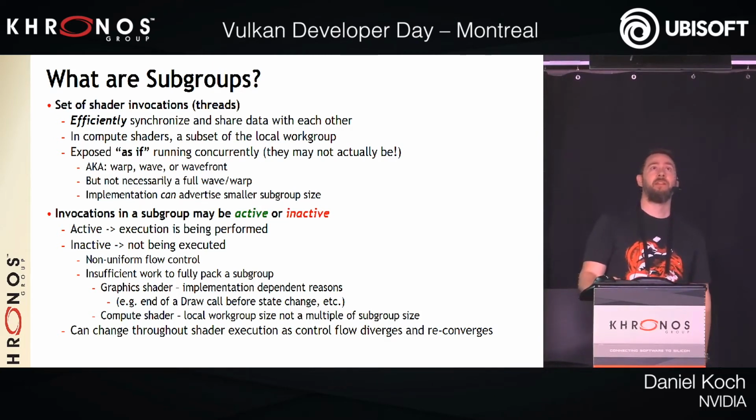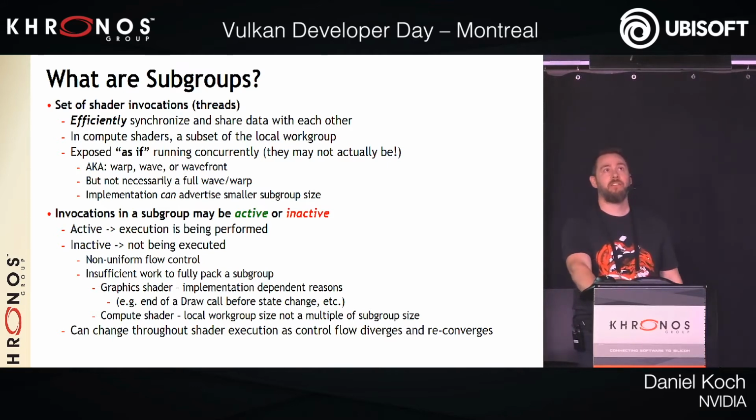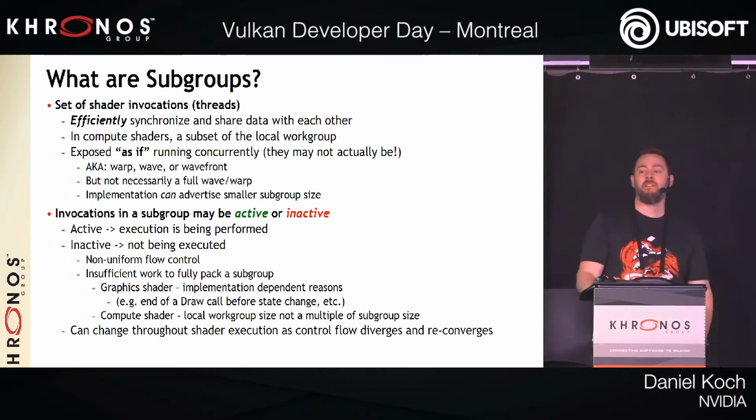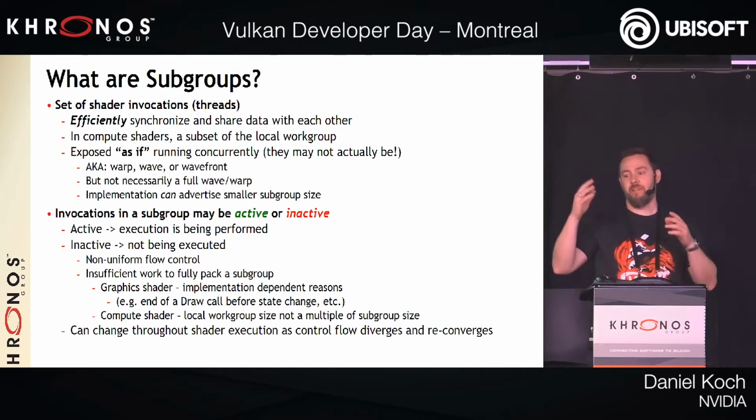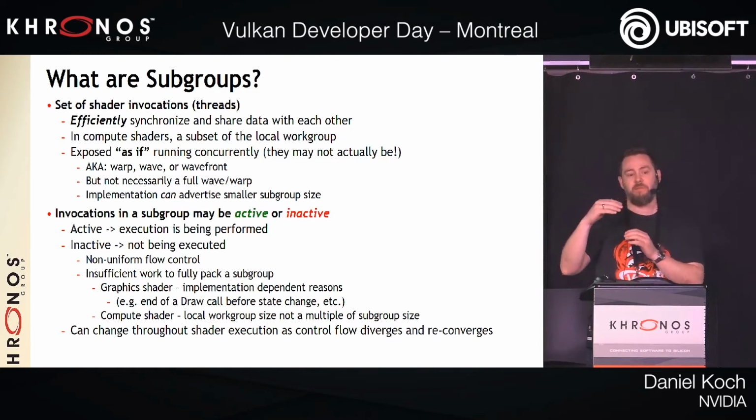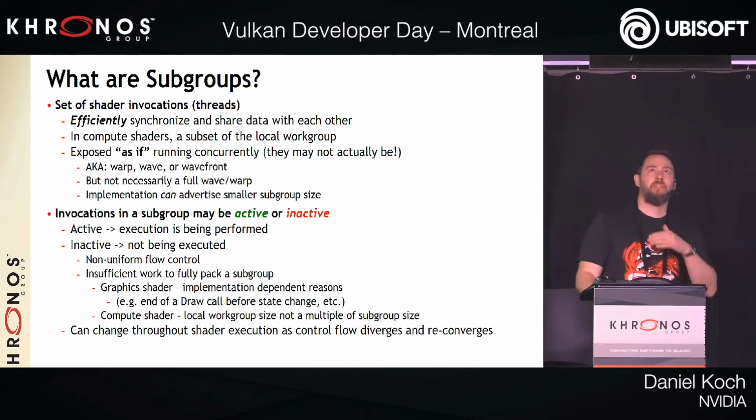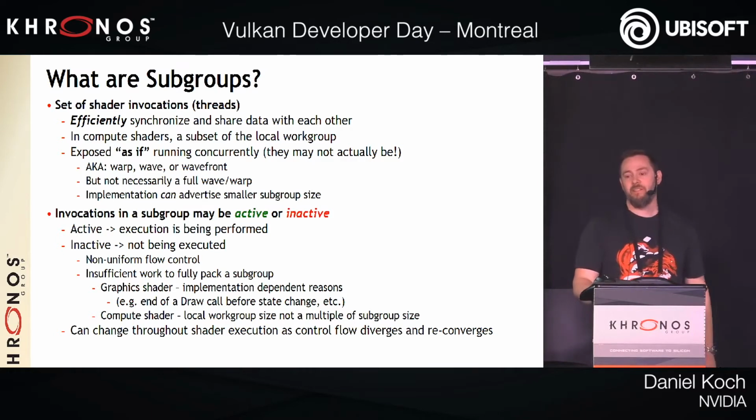Other reasons, in a graphics shader, there are various reasons, such as a draw call followed by a state change. Your vertex shaders could run in parallel if they were using the same state, possibly processing them at the same time. But if you have a state change, you're going to have to flush the vertex pipeline out, so that's not possible.